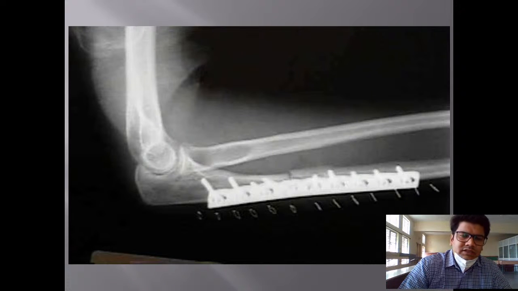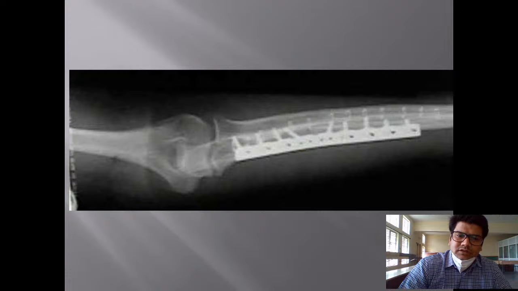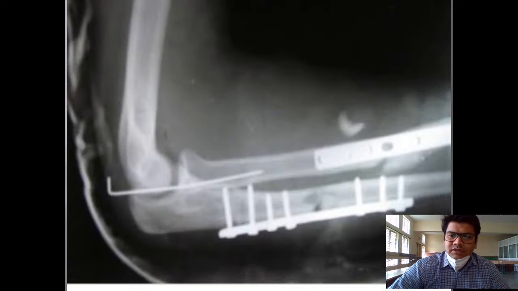Here you can see the ulna is fixed by means of a plate. After fixation of the ulna with a plate, we check the radial head and radiocapitellar joint stability. If the radiocapitellar joint is still unstable, then we need to fix it by means of a K-wire.